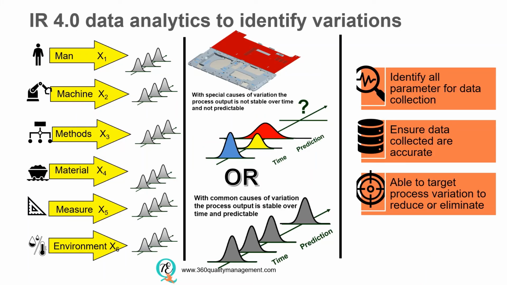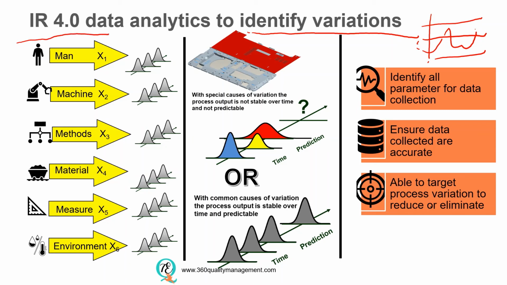After we have understood who our real enemy are in the manufacturing process, next is how do we recognize the common cause and special cause variations? The method used to identify process variations has been quite manual even till today, using charts or SPC charts to identify if there's a presence of special cause. We are already in the era of IR4.0.